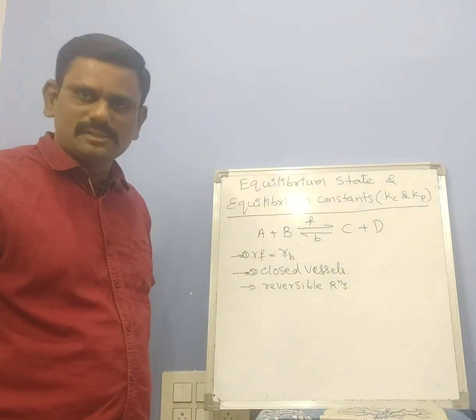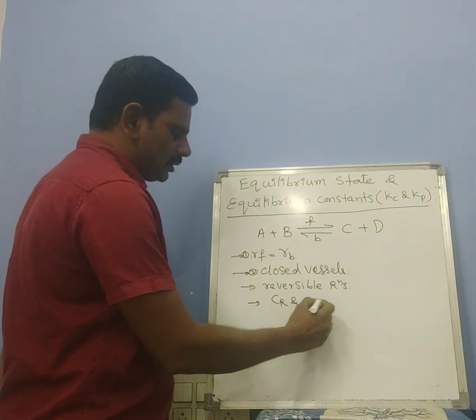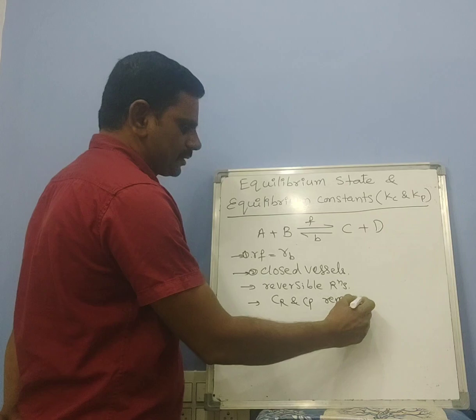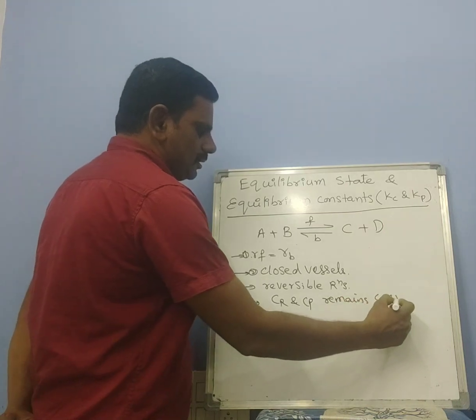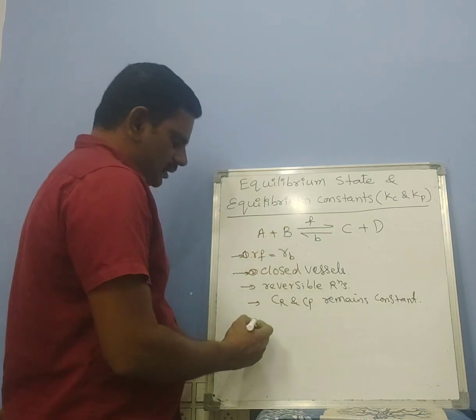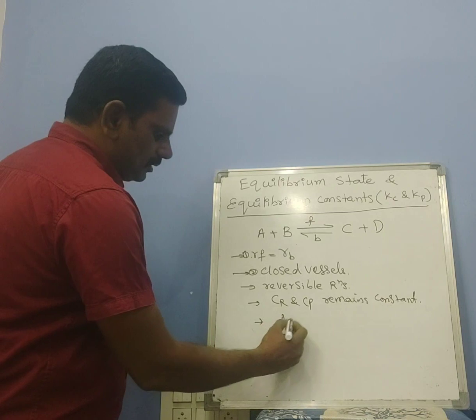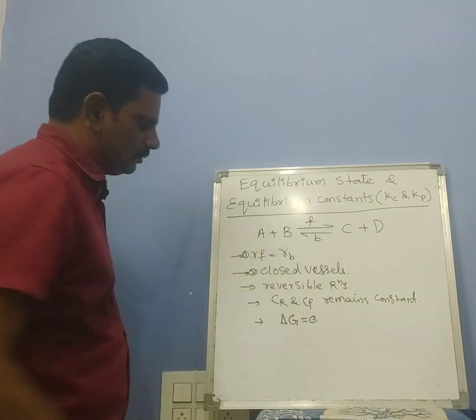At equilibrium state, concentration of reactants and concentration of products remain constant. See, at equilibrium state, change in Gibbs free energy is 0.